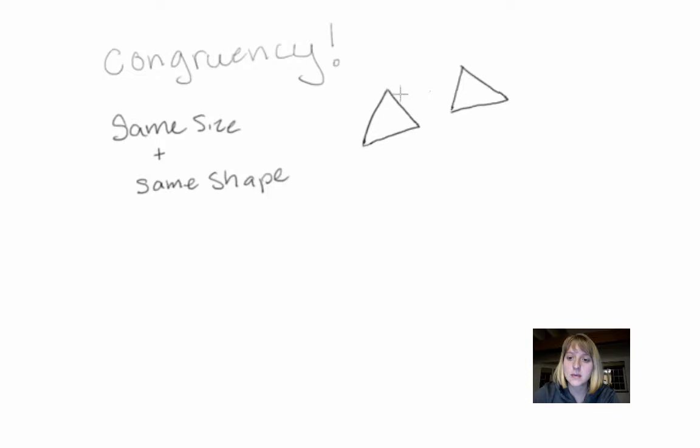But basically, once we prove that these two triangles are congruent, then we can say that ABC is congruent to DEF. We write it out like this: triangle ABC is congruent to triangle DEF.